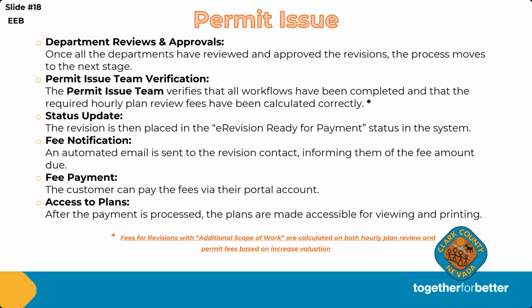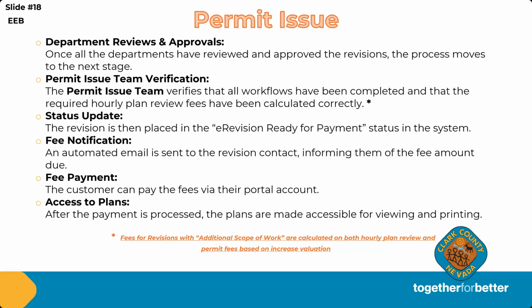It's real important that it's normally whoever submits it has been granted access, whether they're the general contractor. If the general contractor, once the permit has been issued, they might give access back to their engineer or design professional or somebody else. But whoever submits that revision is the only person or persons that have access to it and can pay for it.